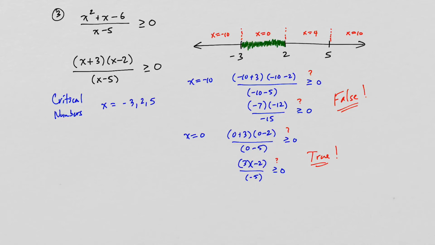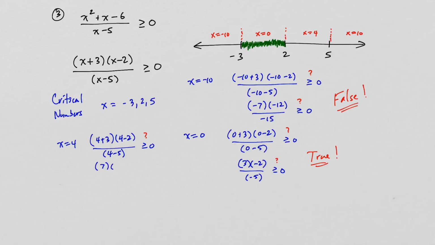Okay, we just have a couple more to test here. So next we will test x equals 4, which is testing this interval. So if we plug in x equals 4, that's going to give us 4 plus 3 times 4 minus 2 divided by 4 minus 5, greater than or equal to 0. Do the math.